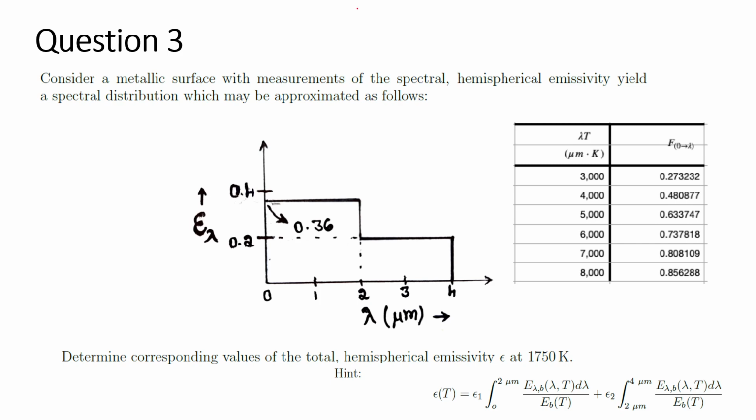In this question we have been given a metallic surface with measurements of spectral, hemispherical emissivity yielding a spectral distribution which may be approximated as follows. Over here we have been given the spectral distribution, not emissive power but emissivity, at different values of lambda.